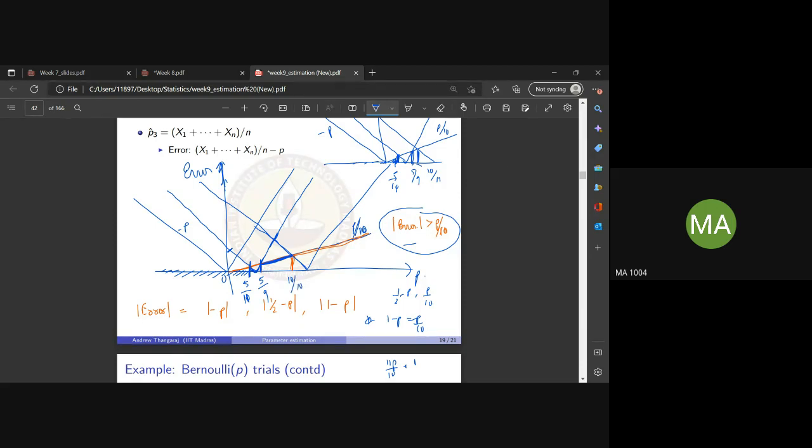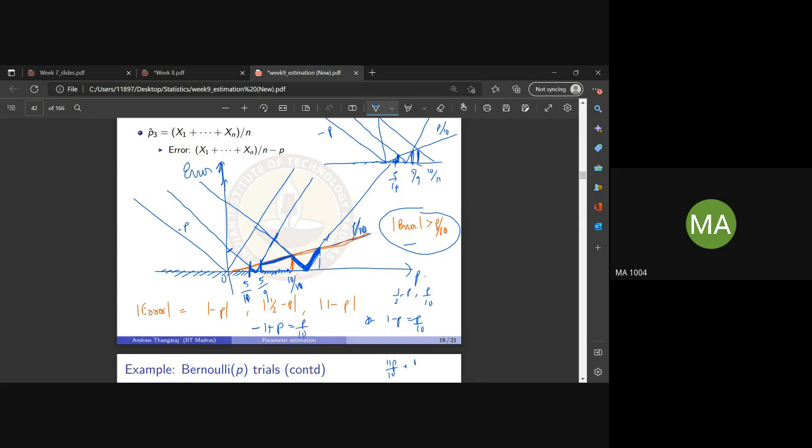So you see that in between this region, 5 by 9 to 10 by 11, your error is coming out to be greater than p by 10. Okay, now again the error is less than p by 10. And after this point, what is this point? This point is the intersection of minus 1 plus p equal p by 10.